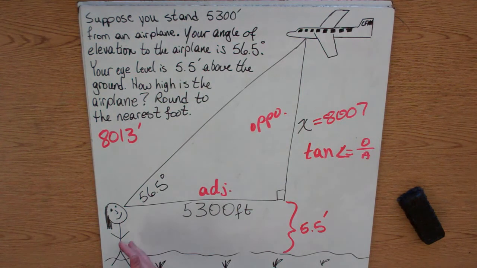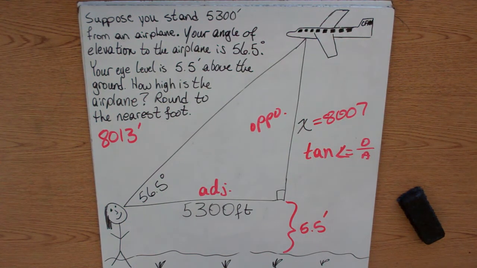Like I said, it doesn't have to be a person looking up. They could be looking down at something, and you have to take into account where they're looking at and how far that point is above the ground. So this all ties back into your trigonometry. Make sure you're strong on your trigonometry with the sine, the cosine, and the tangent. Remember, the sine is opposite over hypotenuse.